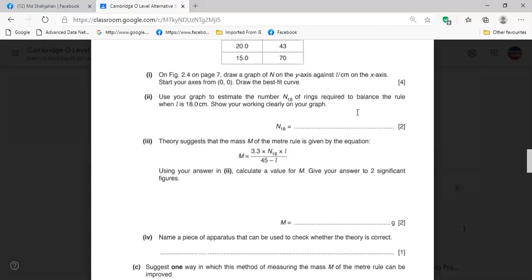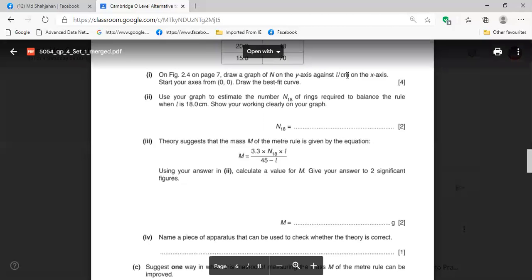Are you sending? Yeah, you send it and join after 10 minutes. Try the other part. Okay, sir.